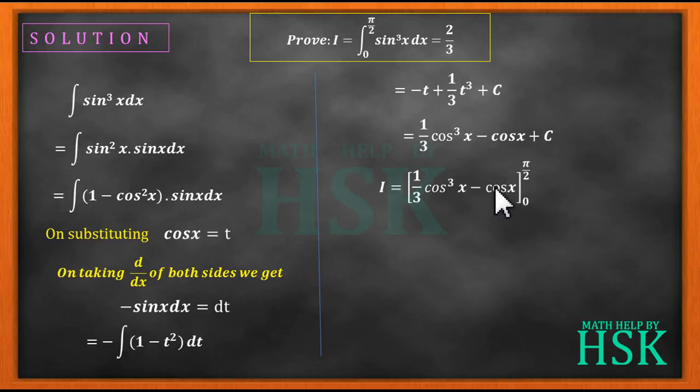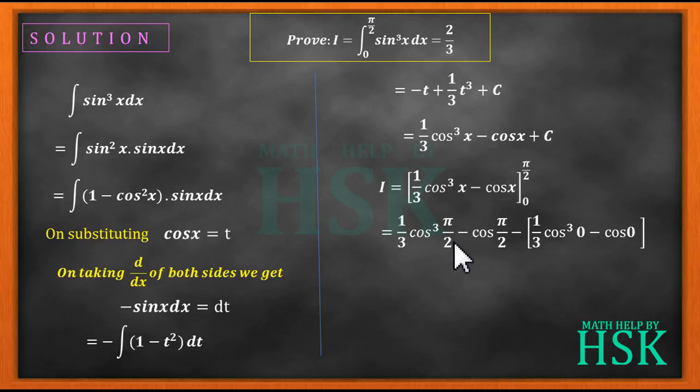Okay, now this value of I would be equal to 1 by 3 cos cube pi by 2 minus cos of pi by 2, that is placing the value of upper limit here, and placing the lower limit, I'm going to get this as 1 by 3 times cos cube of 0 minus cos of 0.